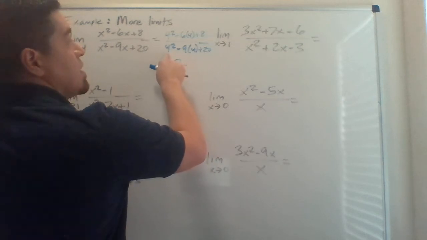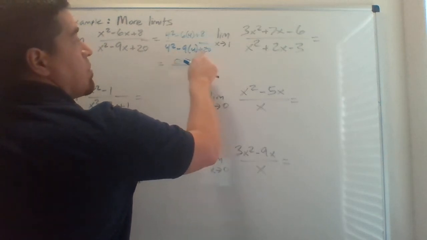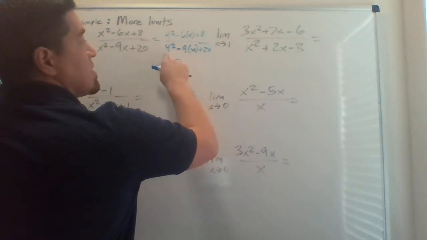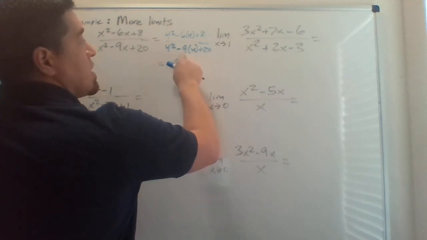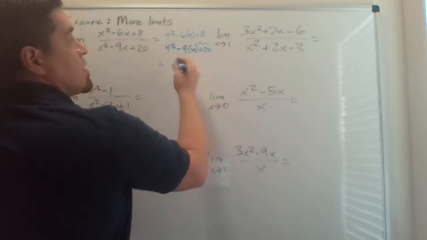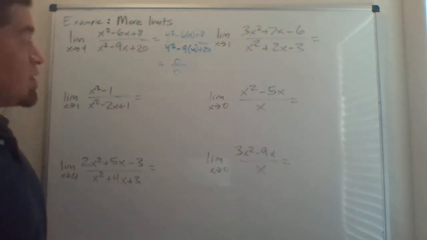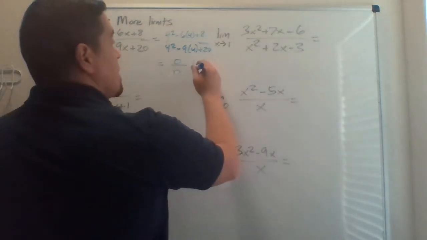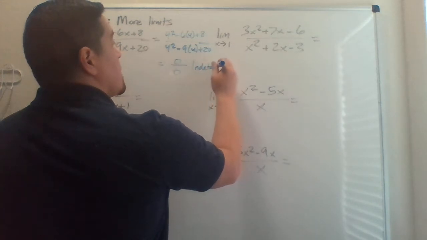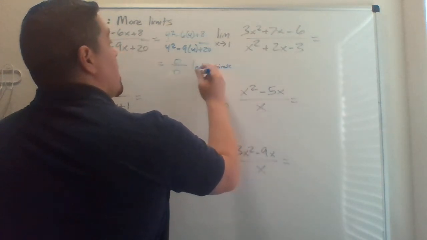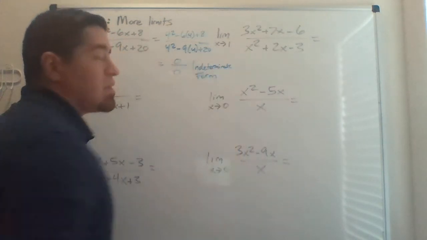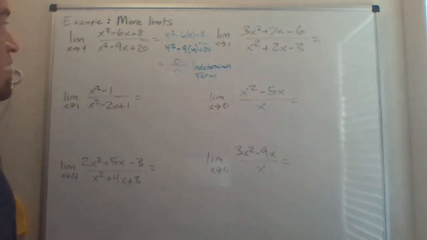Over the bottom would be 4 squared plus 20, that's 16 plus 20 is 36. 9 times 4 is 36. 36 minus 36 turns out to be 0. This is what we call an indeterminate form. Now, it doesn't mean there's no limit here, not quite yet.